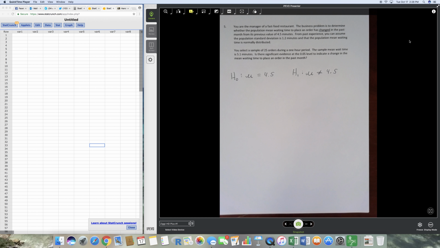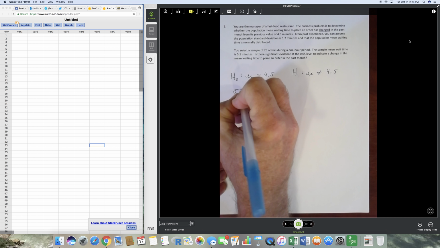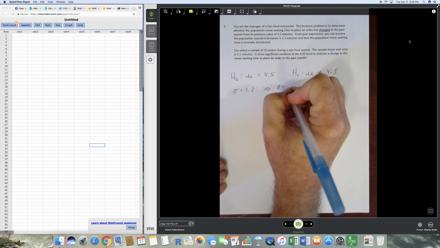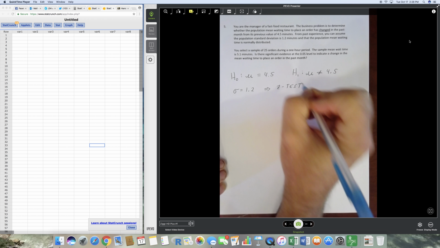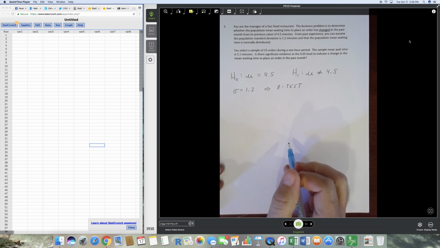So that tells me the null and alternative hypotheses will be set up like this. From past experience, you can assume the population's standard deviation is 1.2, so I'm going to use the z-test. Select a sample of 25 orders.